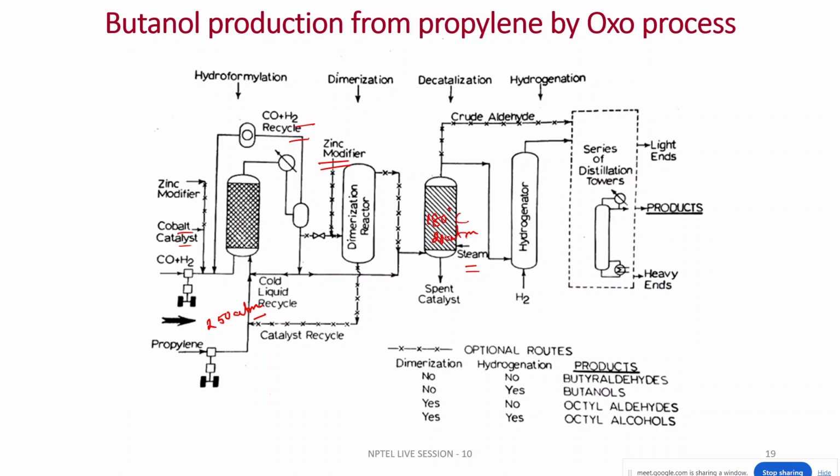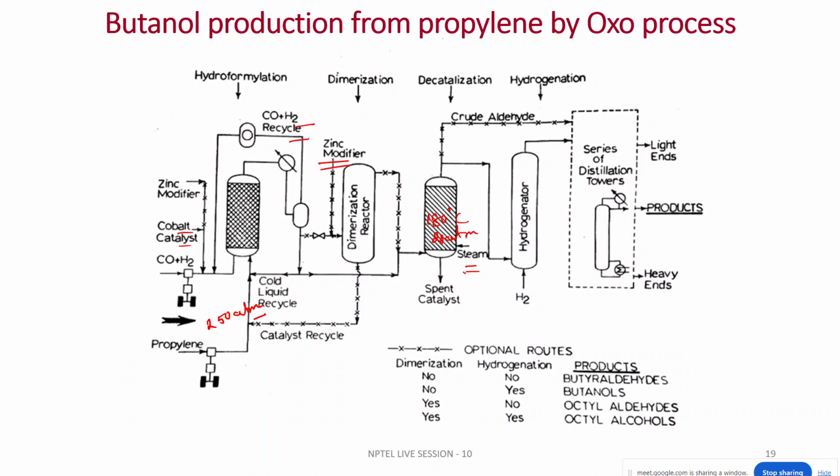So in this reactor, what is happening, the butyl aldehyde can be fractionated for product sale and continuously hydrogenated using the nickel catalyst.